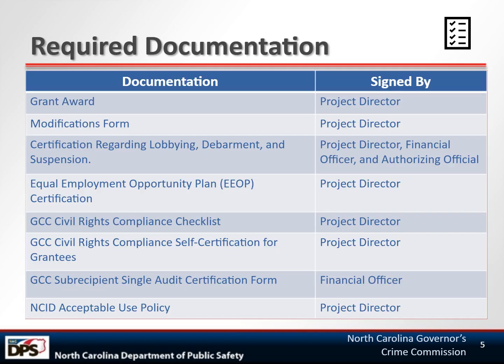This documentation includes grant award, modifications form, certification regarding lobbying, debarment, and suspension, Equal Employment Opportunity Plan certification, GCC Civil Rights Compliance Checklist, GCC Civil Rights Compliance Self-Certification for Grantees, GCC Subrecipient Single Audit Certification Form, NCID Acceptable Use Policy.